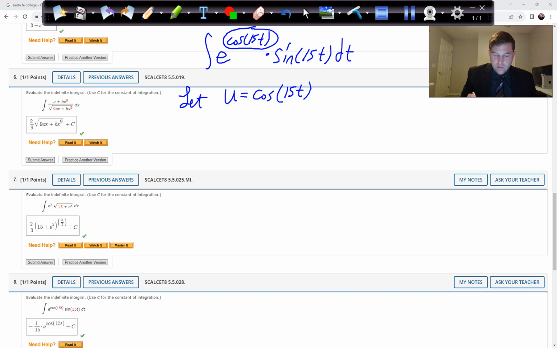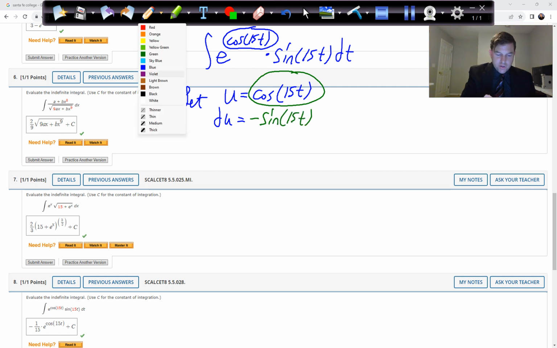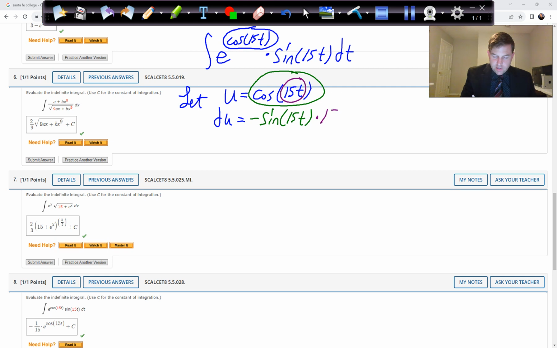So we let u equal cosine 15t. Now du would be the derivative, I'm going to actually do this one in color. Derivative of the outside would be just the derivative of cosine of 15t, which is minus sine of 15t. But then it's times the derivative of the inside, 15t, which would be times 15.